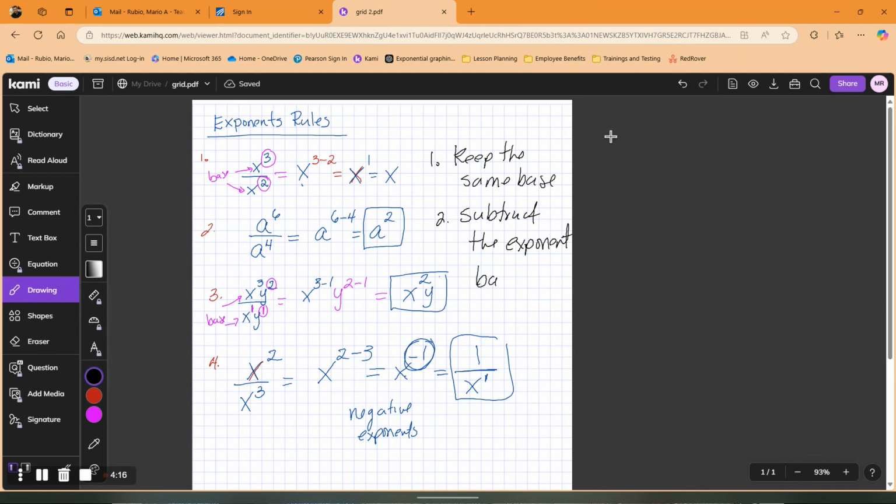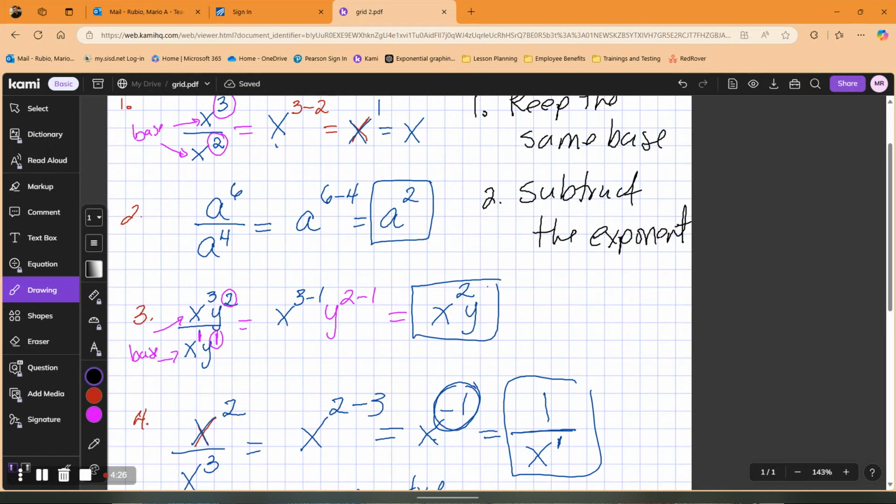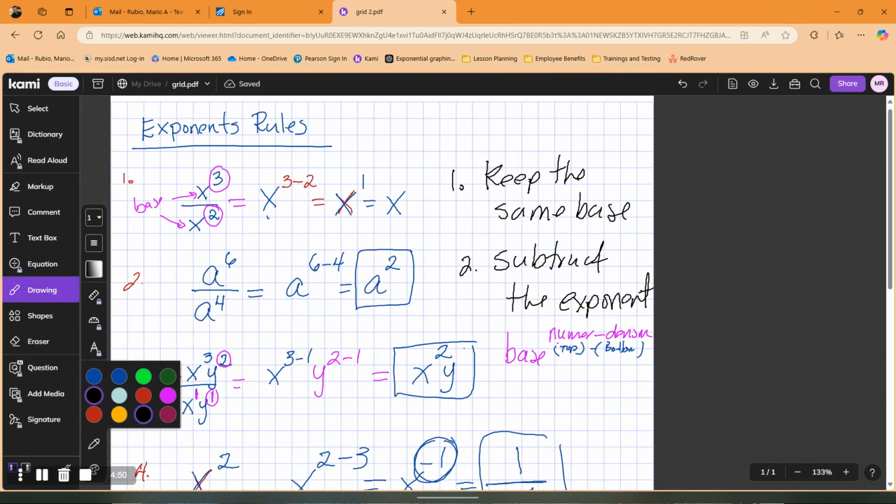So it's same base, numerator minus denominator, which is the same as the top minus the bottom. And then that's it. Let me know if you have questions.